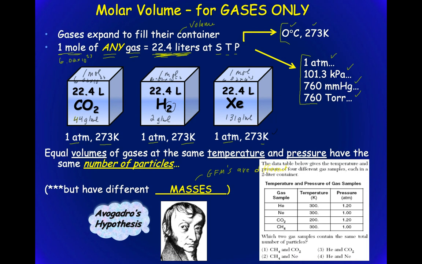All right. So a good way to see this, a good way to question this is looking at this little Regents question here. Again, the data table below shows the temperature and pressure of 4 different gas samples, each in a 2-liter container. Okay, and the key is you're in a 2-liter container. So because we're in a 2-liter container, we know all the volumes are the same.